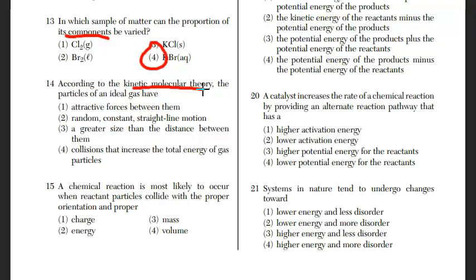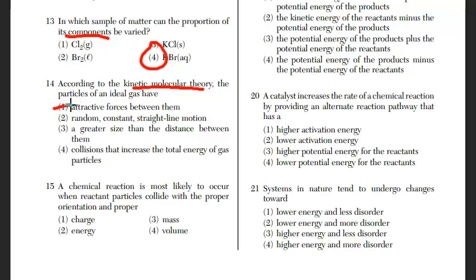Again, it's kind of a list of things that are followed with an ideal gas and then what real gas behavior is. So in this case, we're looking for one from the list of how an ideal gas behaves. Ideal gases, we say no attractive forces between them.